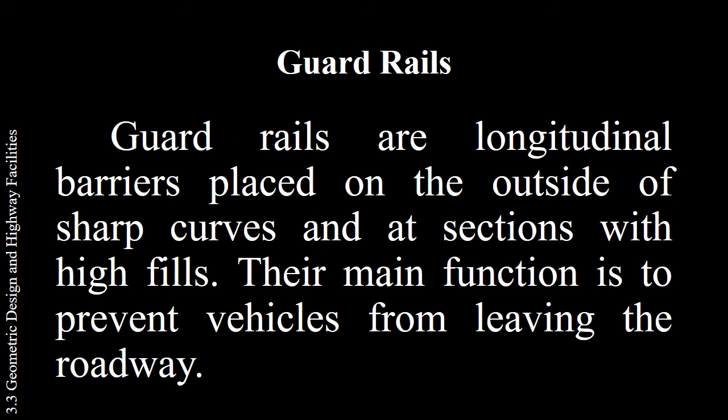Guardrails are longitudinal barriers placed on the outside of sharp curves and at sections with high fills. Their main function is to prevent vehicles from leaving the roadway. So therefore, guardrails are used to minimize accidents.